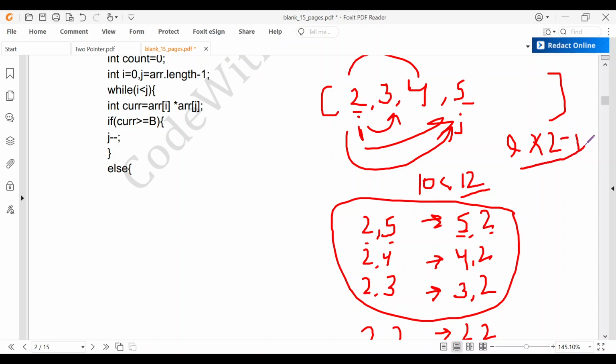That is what you need to understand. This is considered a valid pair also.